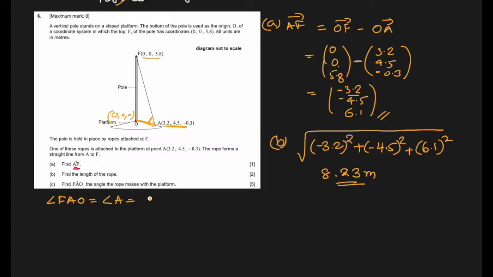will be, by using the dot product, cos inverse of the first vector. This is the vector, right?